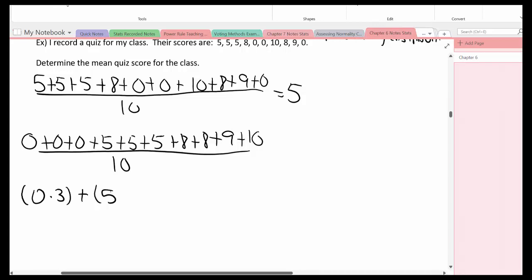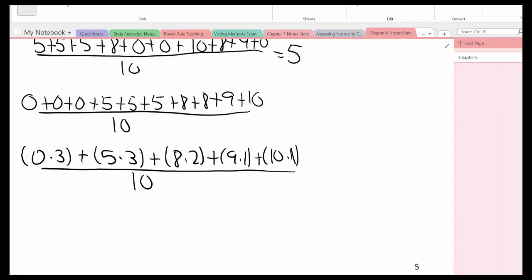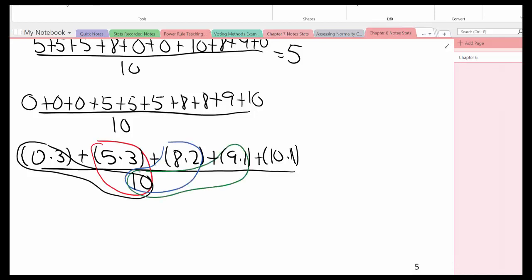I can write 5 plus 5 plus 5 as 5 times 3. 8 plus 8 is 8 times 2. Now, I'm going to separate these, so I'm going to do this, and this, and this, and this.